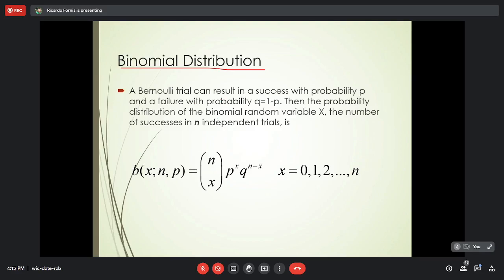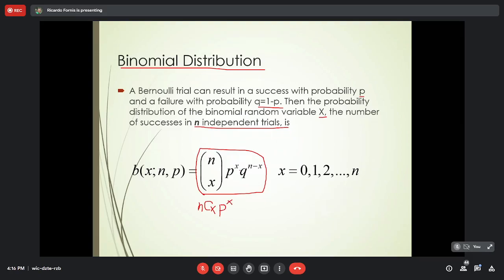The binomial distribution says a Bernoulli trial can result in a success with probability P, and a failure with probability Q, which is calculated as 1 minus P. Then the probability distribution of a binomial random variable X, the number of successes in n independent trials, is calculated by this expression. n combined x, the same as nCr where r equals x, multiplied by the probability of success to the power of the number of successes, then the probability of failure to the power of the number of trials minus the number of successes, which represents the number of failures.